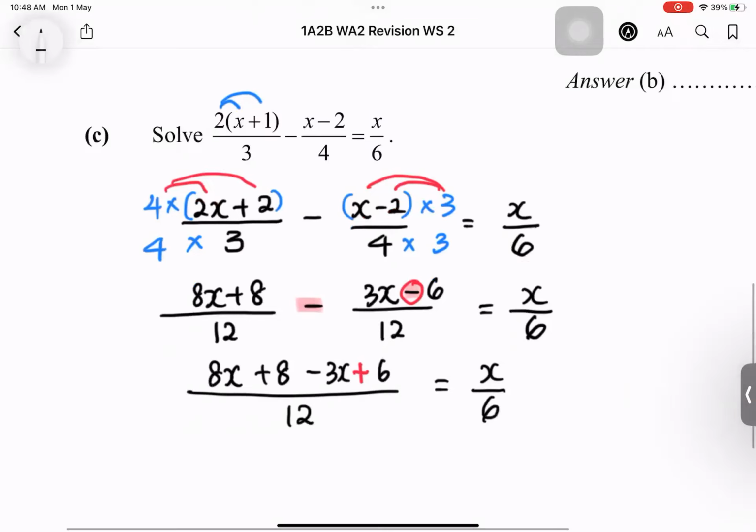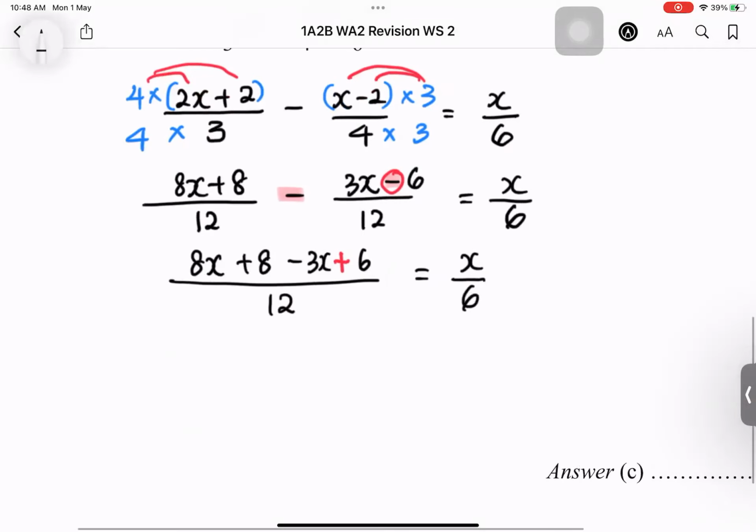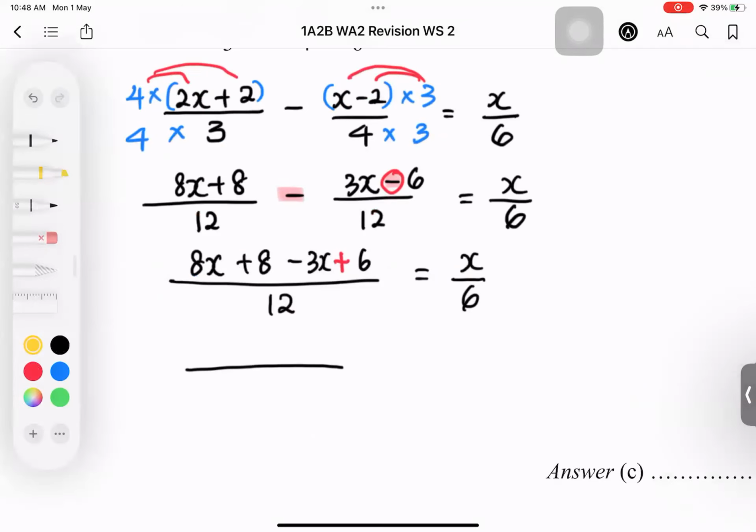Wow, so many steps. Okay, then we simplify this. 8x minus 3x, we get 5x. 8 plus 6, 14 over 12 equals x over 6.